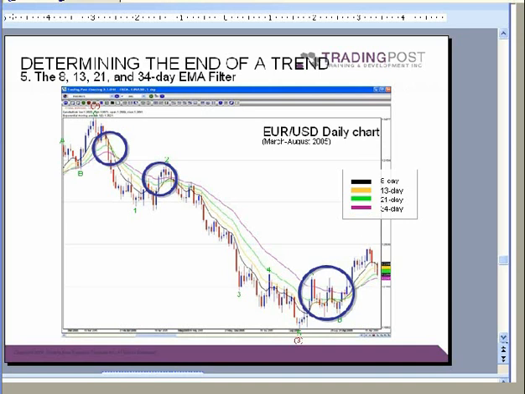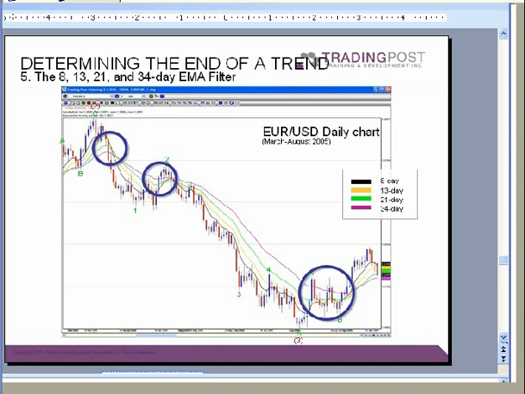Now, you can use all these averages as an entry system, as an exit system. You might exit a portion, like a third of your position or a quarter of your position, let's say, if the 8 EMA crosses over the 13 EMA, for example.